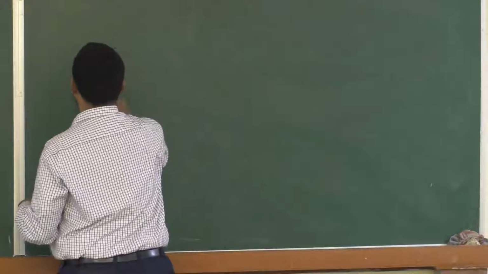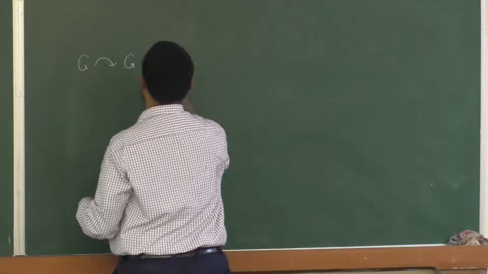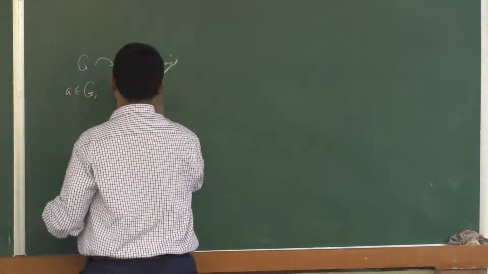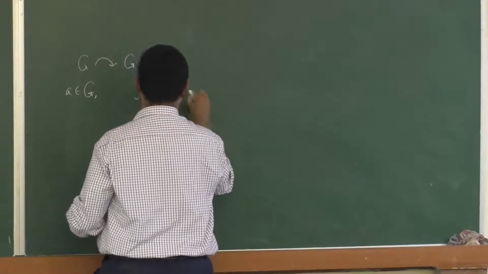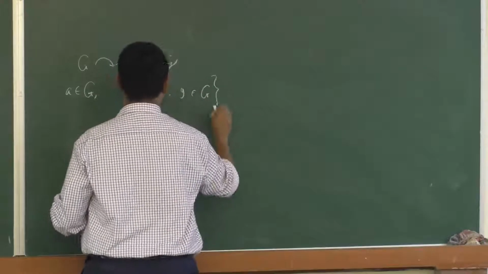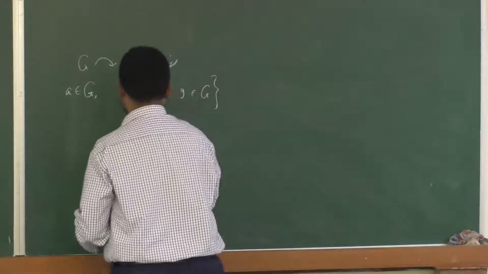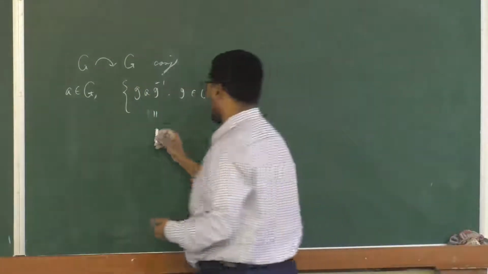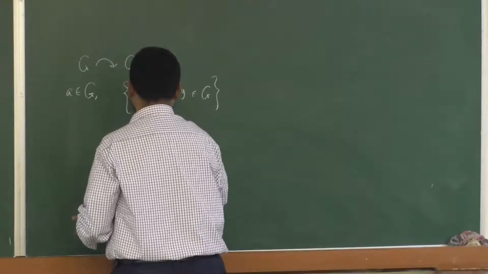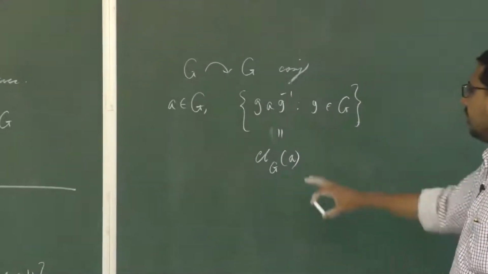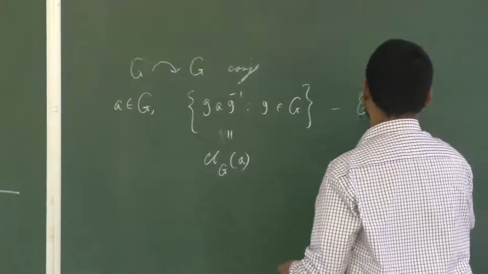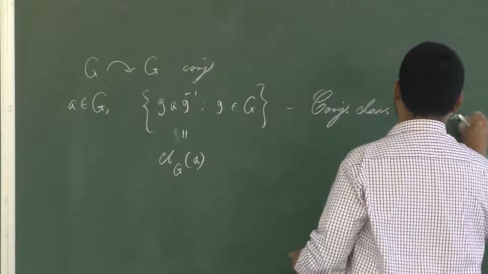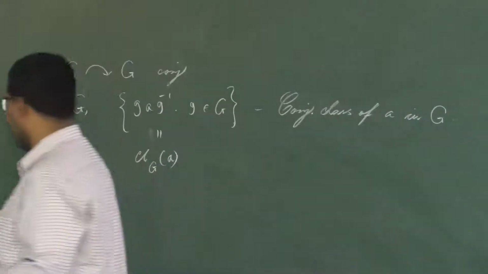So let G be a group, G acts on G by conjugation. For any a in G, the orbit is precisely of this form. This is going to be the orbit of a. When the action is by conjugation, we call it the conjugacy class of a, and denote this by CL(a), a temporary notation, the conjugacy class of a in G. What's the stabilizer?